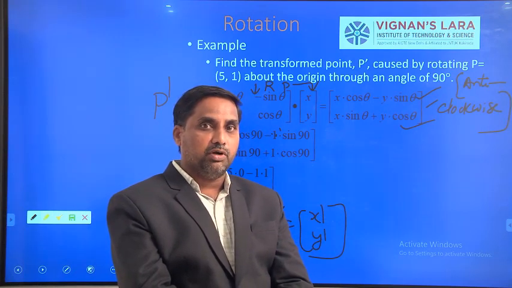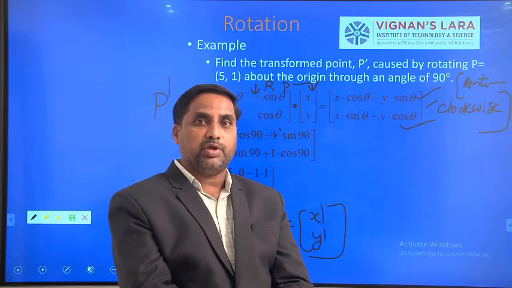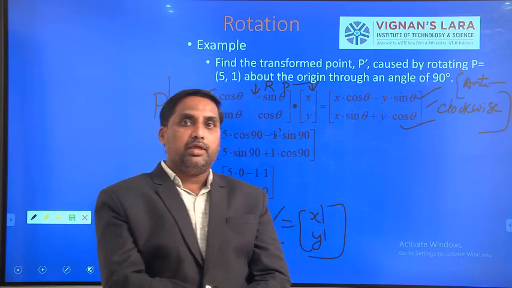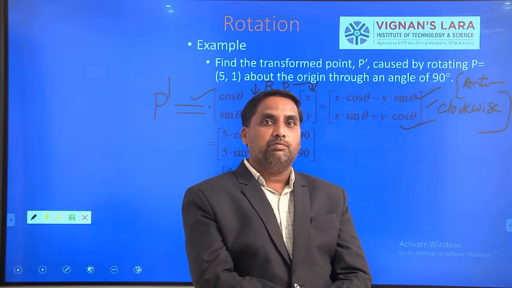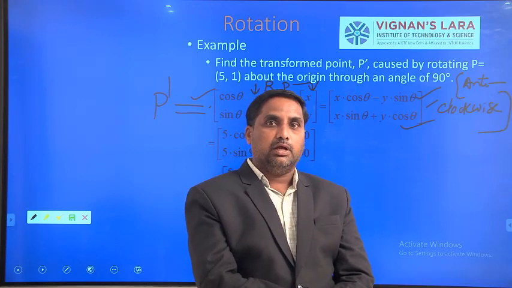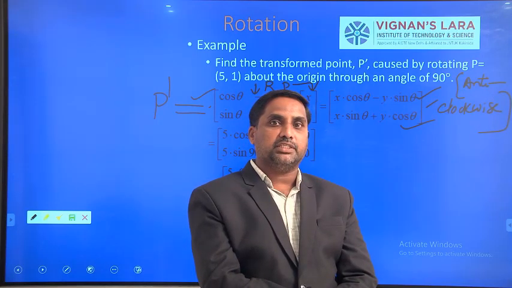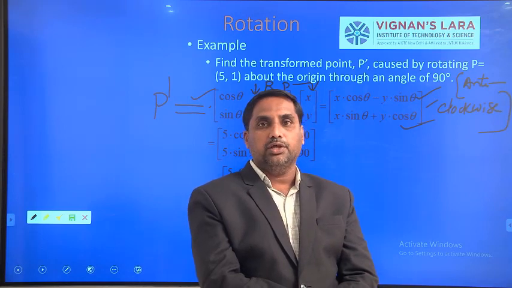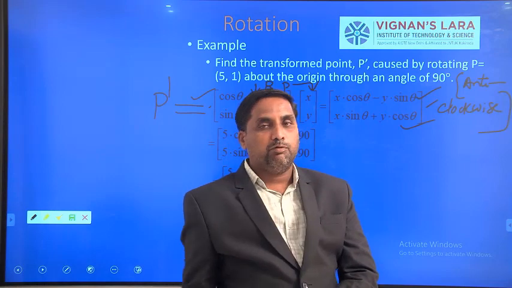That is x dash equal to x cos theta minus y sin theta, y dash equal to x sin theta plus y cos theta. These two equations I have represented in matrix form, where x dash, y dash equal to R into x, y, where R is cos theta, minus sin theta, sin theta, cos theta, for a single point.